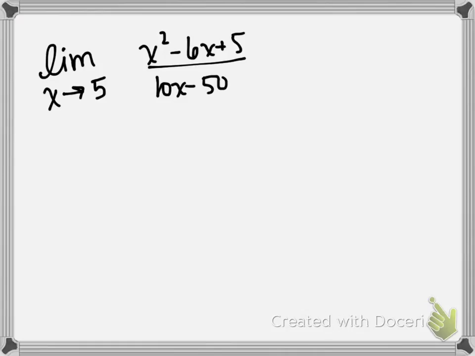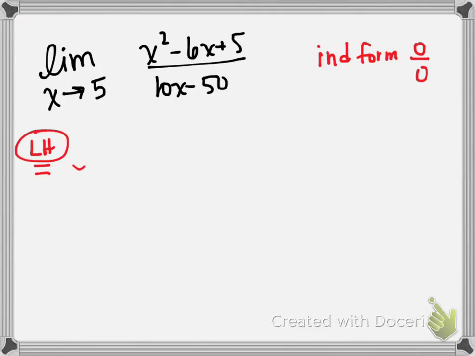So if we do so, we get 25 minus 30 plus 5 over 50 minus 50, which is 0 over 0. And 0 over 0 is one of our indeterminate forms. Okay, so we should say this is an indeterminate form of 0 over 0. And that tells us that we are allowed to use L'Hopital's rule.